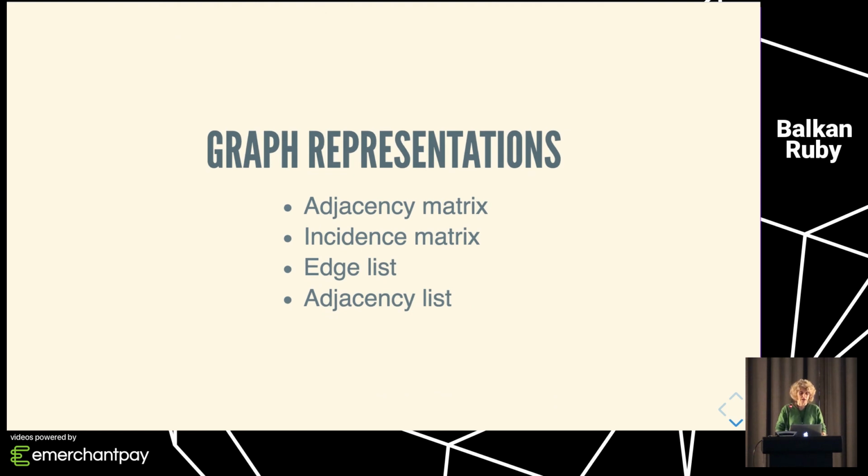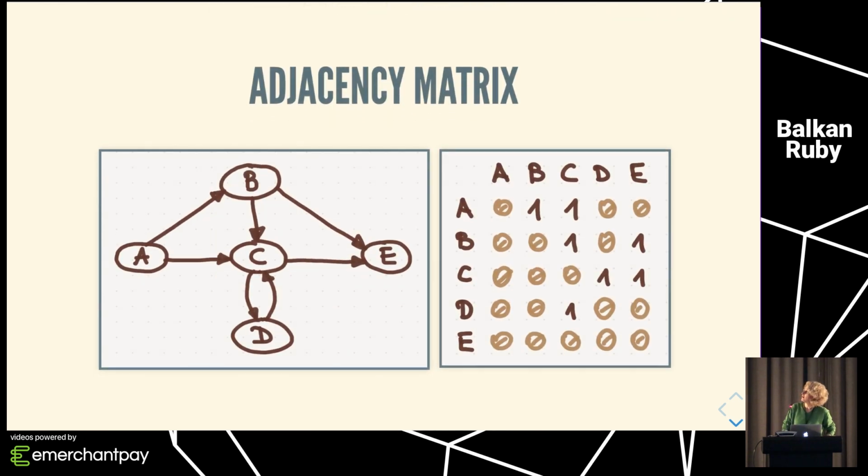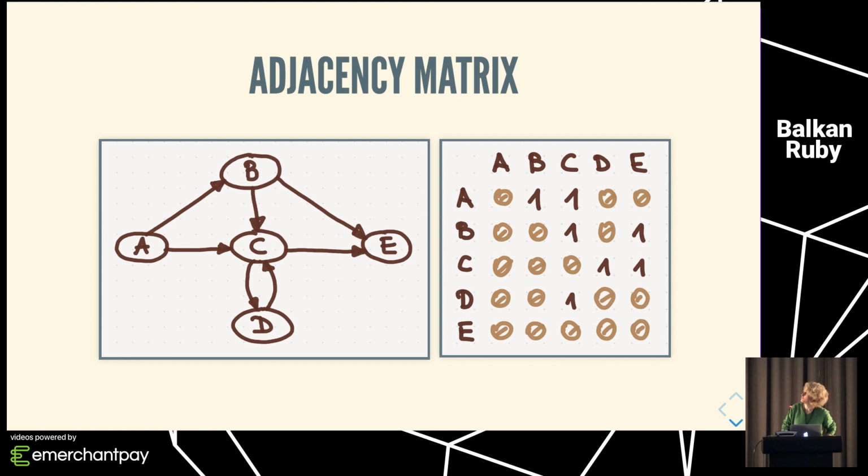When we are talking about a general graph, there are some data structures that can be used. I have prepared some examples for each one of them. This one is the most intuitive, I think, the adjacency matrix. It's a matrix where we have rows and columns that correspond to each one of the vertices, and in each position, we indicate with 1 or 0 if there is a relation between these two vertices.